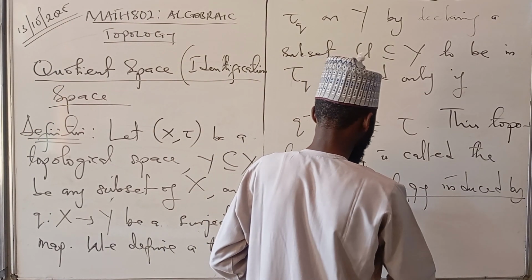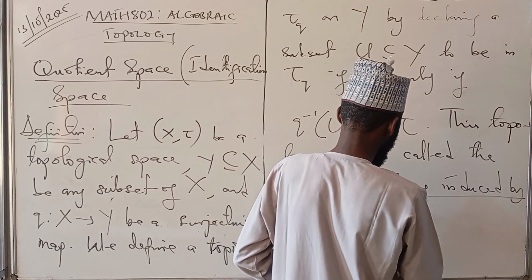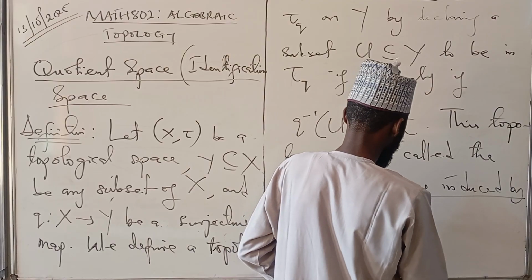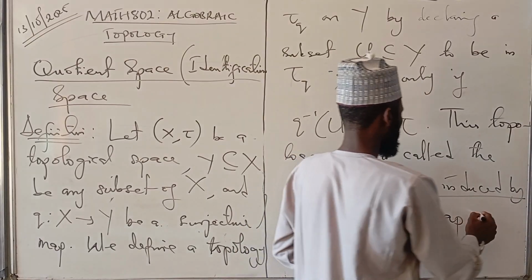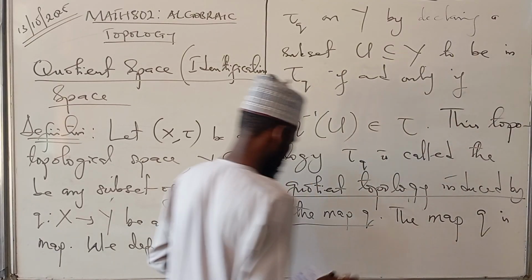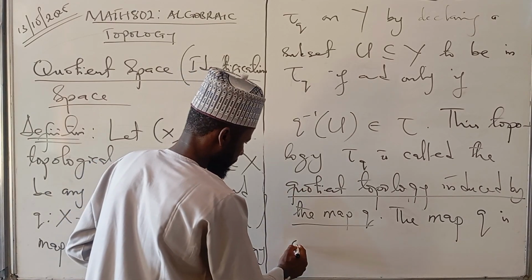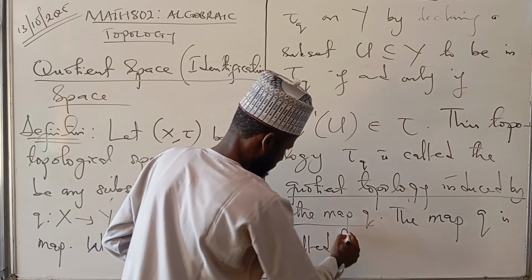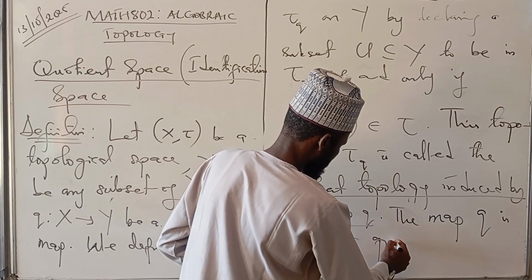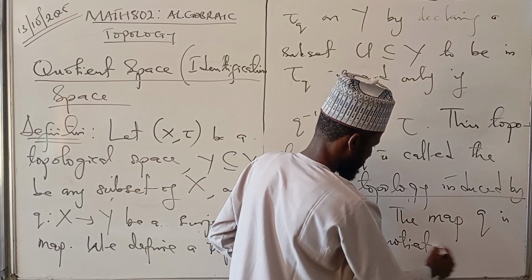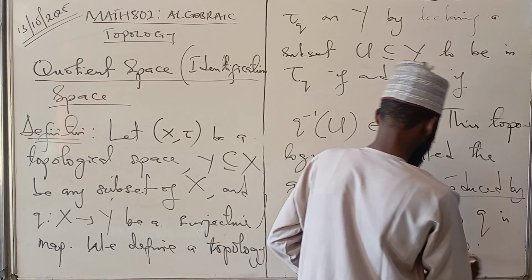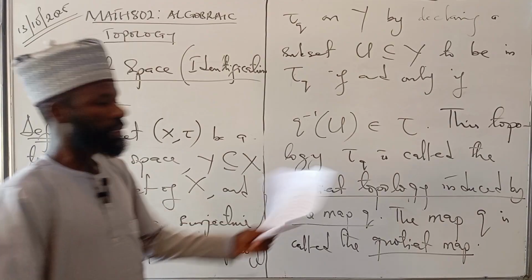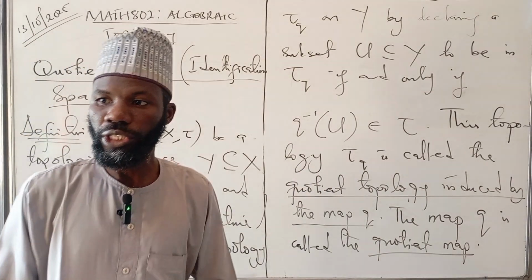That map Q has a name. It is called the quotient map. That mapping defined in this way is called the quotient map.